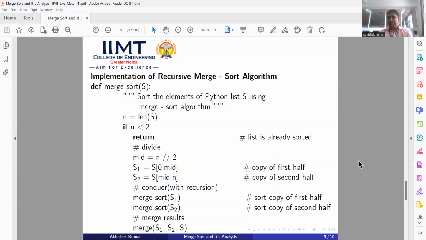This is a basic use of slice operations, and those who are familiar with Python know what slice operations mean. So S1 will contain the first index to mid minus 1, and S2 will contain mid to n minus 1. That means the first half will be copied to S1 and the second half will be copied to S2.